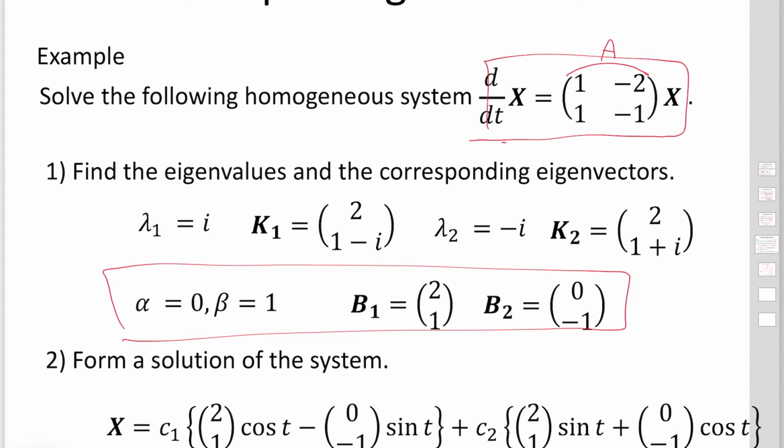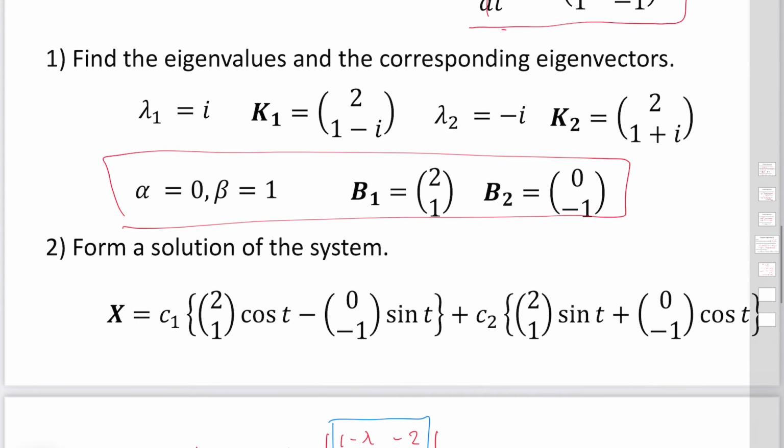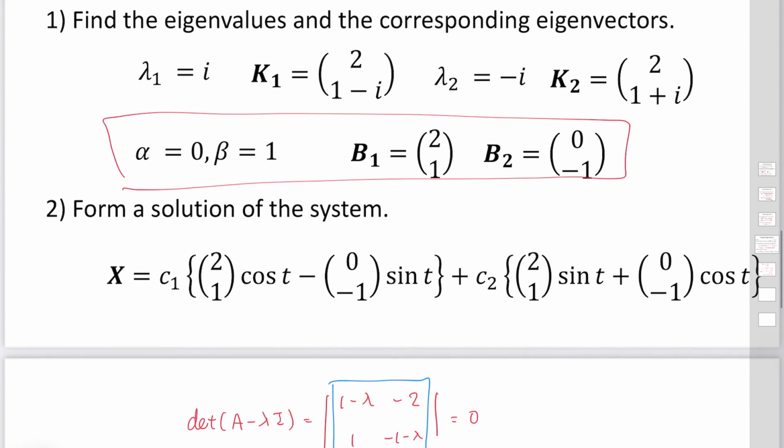Using these expressions, we can write down the general solution this way: c sub 1 times x sub 1, this is x sub 1, plus c sub 2 times x sub 2. This is the general solution when the characteristic equation has complex eigenvalues. This is the end of this session.